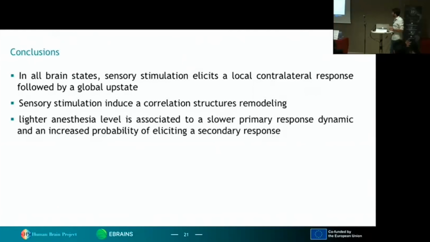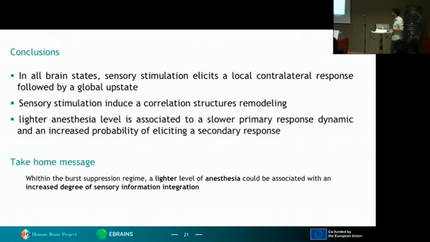So these are the conclusions, and the overall take-home message is that our results suggest that within the bistability regime, the intermediate level of anesthesia could be associated with an increased degree of sensory information integration.